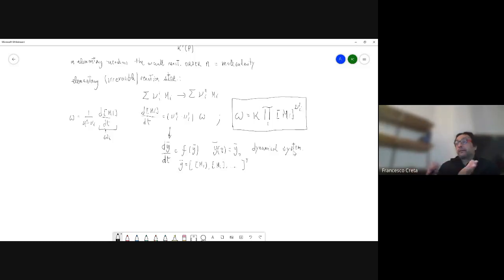And when you have these disparate timescales that can be very different from each other, you have what is called a stiff ordinary differential equation system, which is a little tricky and a little difficult to solve numerically.